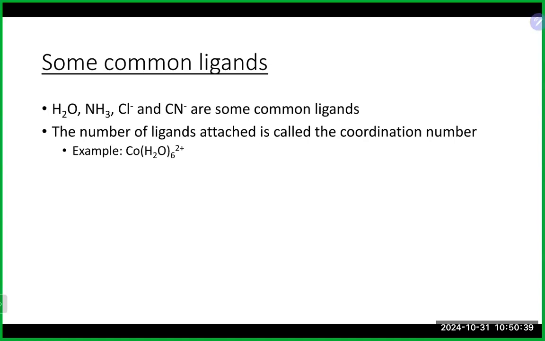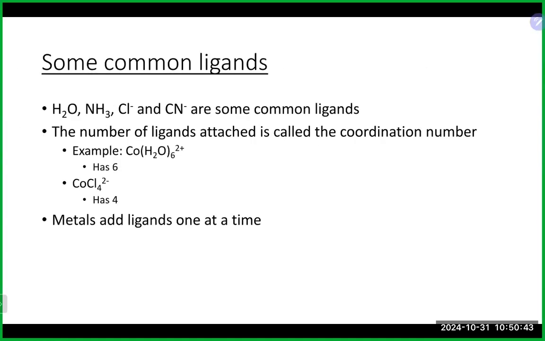Now, as I mentioned before, ligands, which are Lewis bases, are usually things that are polar, have those non-bonding electrons, or are negative. When we talk about complex ions, there's also something known as coordination number. Coordination number is the number of atoms directly attached to the metal.